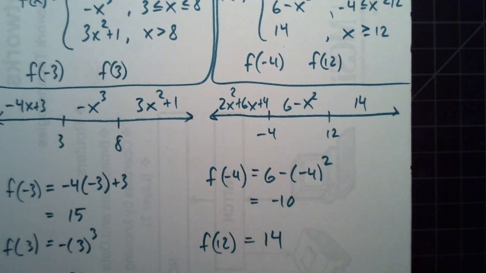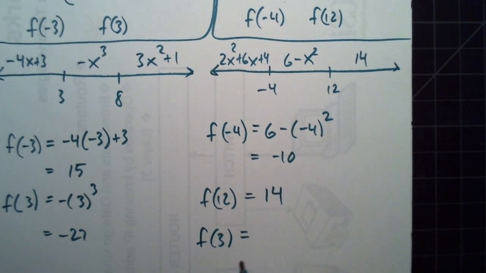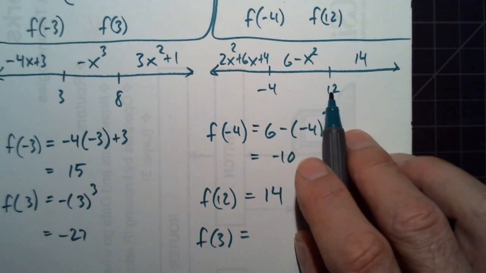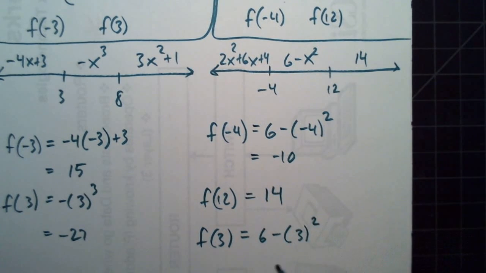We'll just throw in one more. F of 3. So we look for that on the number line, it is right there between negative 4 and 12. So we need to use this function, 6 minus 3 squared, 6 minus 9, negative 3.